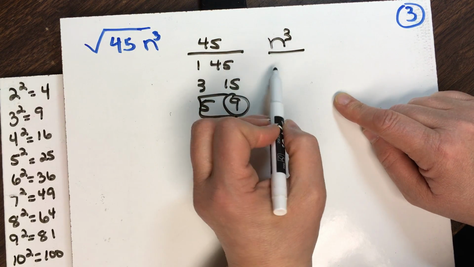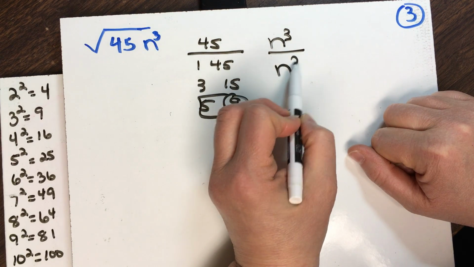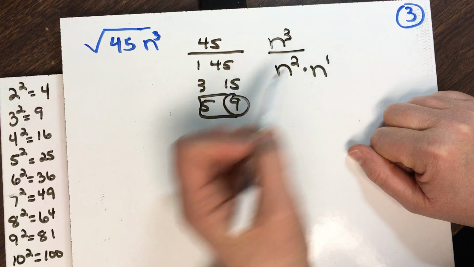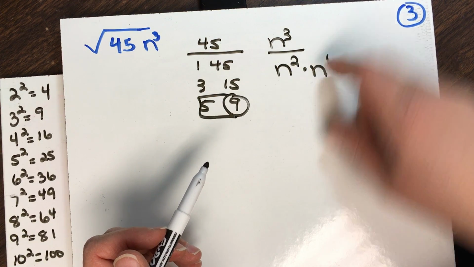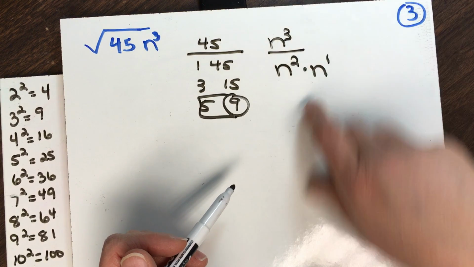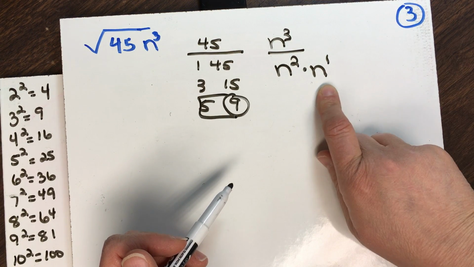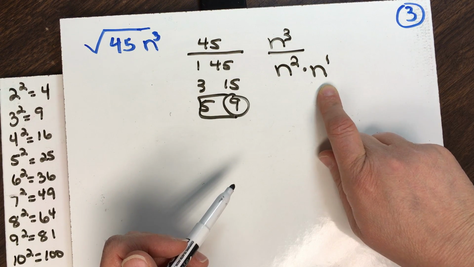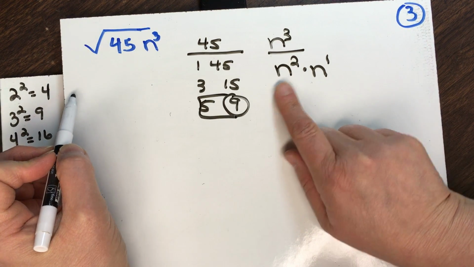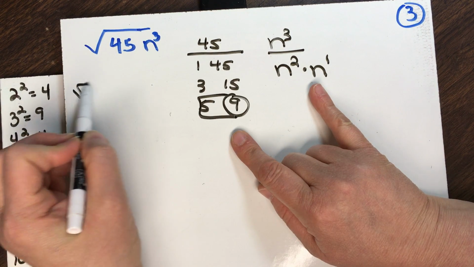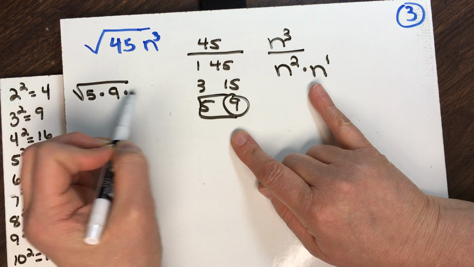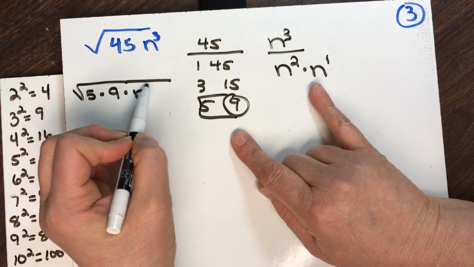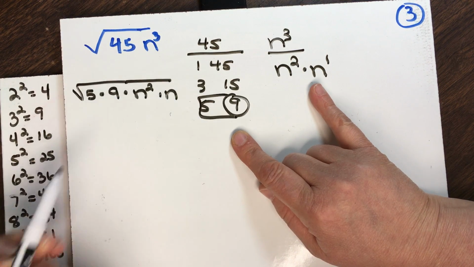Now I want to find something with a square in it, so I would do this times this, because remembering back, when we multiply, we add our exponents. So I have one here and one here broken apart. I need to make sure that I get all of this underneath. So I have 5 times 9 times n squared times n.